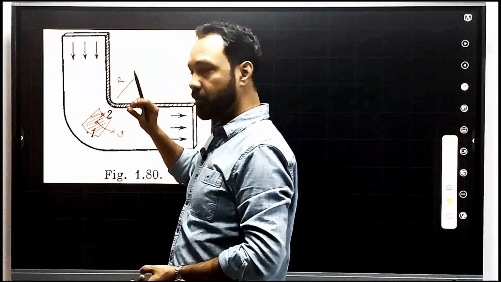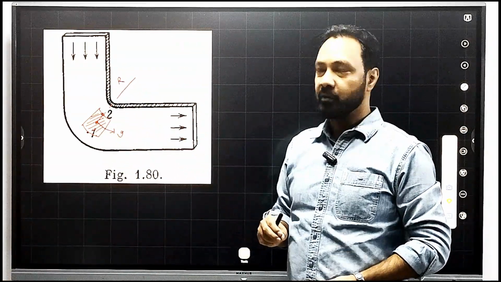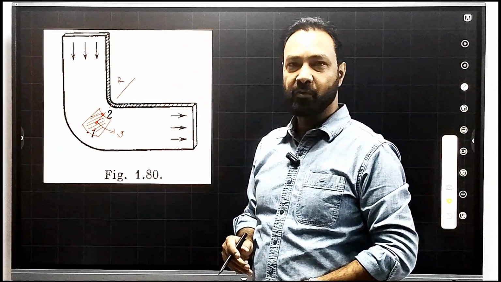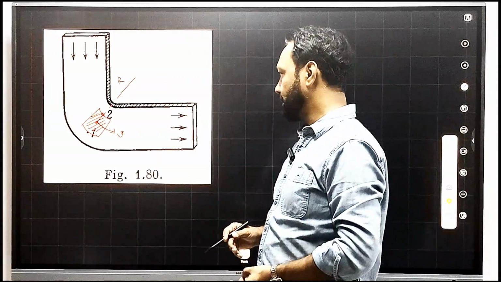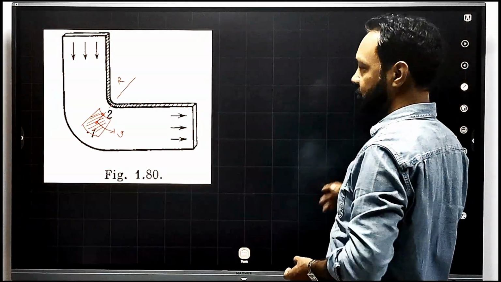So its mass dm, or say mass m, is moving with velocity v on a circle, so it has to have a force mv square by r towards the center. And from where will we get that force? We'll get that force from the pressure.